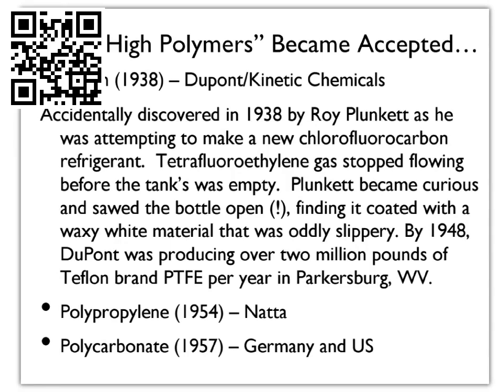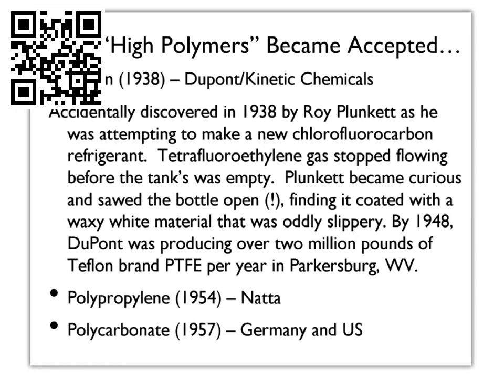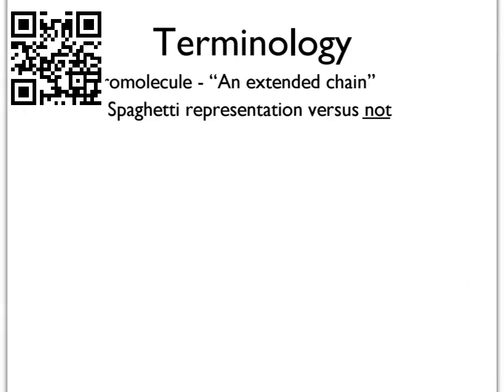We all carry some small amount of C8 inside of us because it doesn't break down very easily. Right? So there's a lot of concern in that local area about what it's doing to kidney cancer rates primarily. Polypropylene was made in 1954, polycarbonate in 1957, and all these things became very important very quickly.